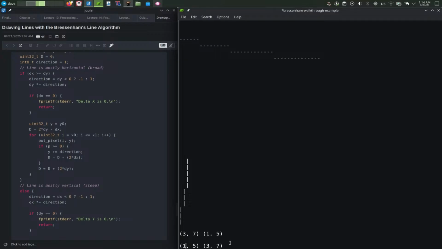And let's say instead I had, which would then become, okay, so this line would be going down.